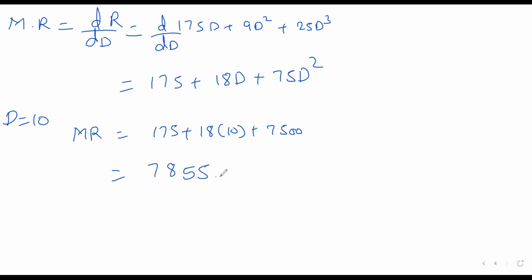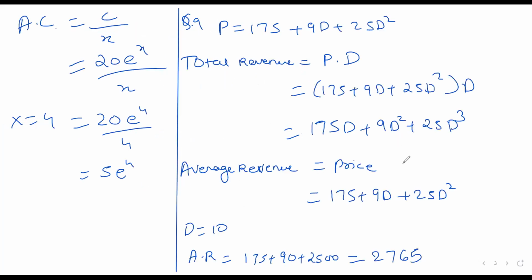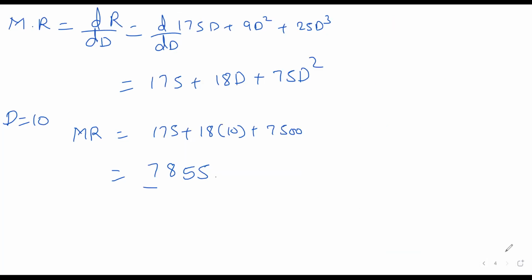Now what is the question? Find revenue. Revenue means what? Total revenue. Marginal revenue and average revenue when demand is 10. Now we have got marginal revenue, we have got average revenue. पण total revenue काढलाच नाही आपण. Total revenue function काय आहे? 175D plus 9D square plus 25D cube.